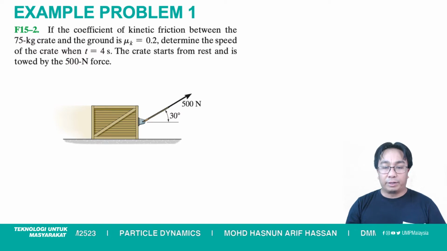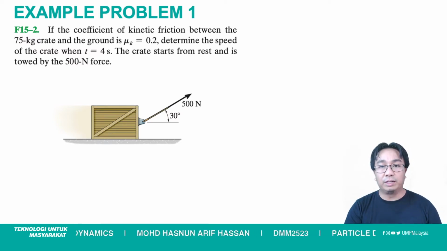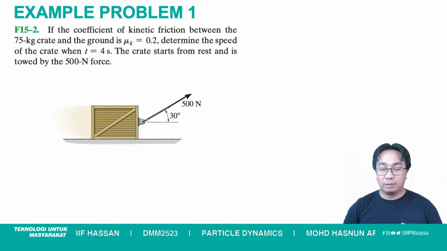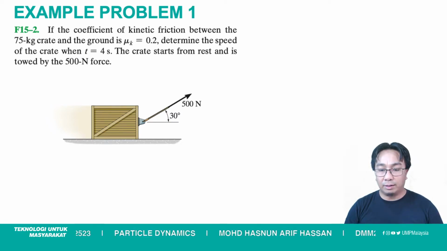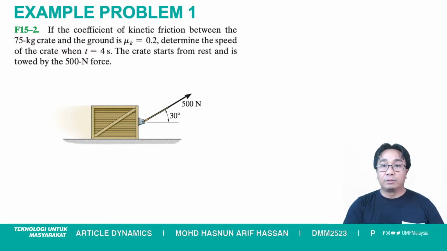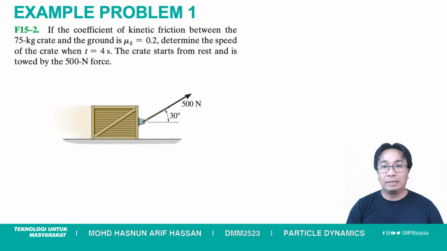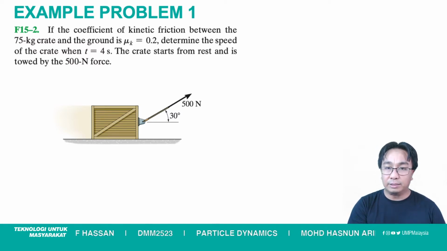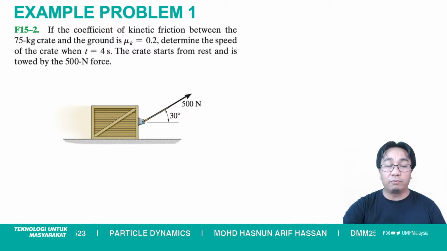Whereas in the previous chapter, we are usually asked to determine the speed of the particle after it has traveled some length, for example. So this is the indicator of when you should use the principle of work and energy, and when you should use the principle of impulse and momentum.